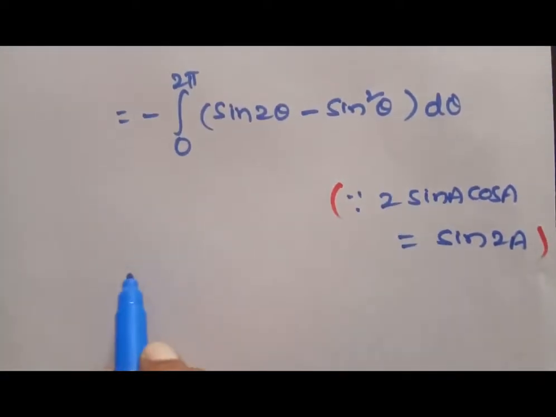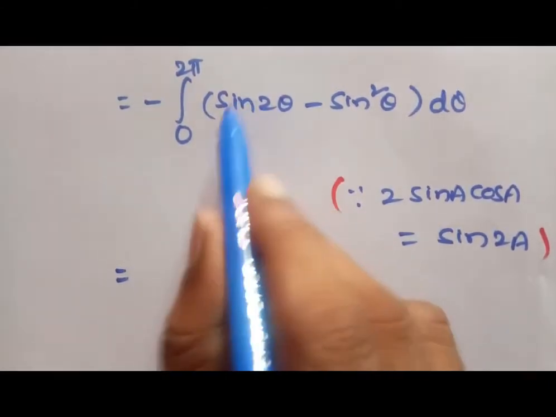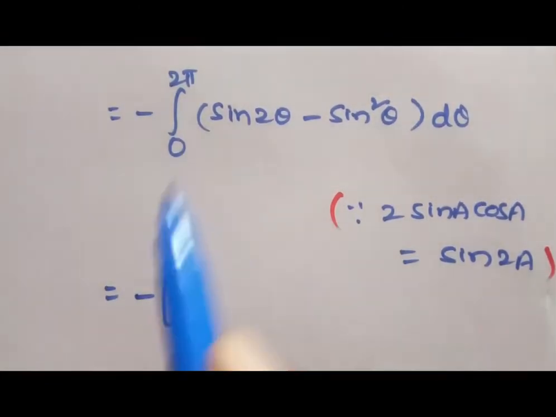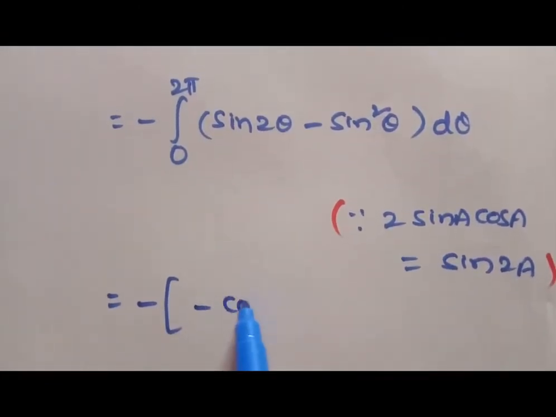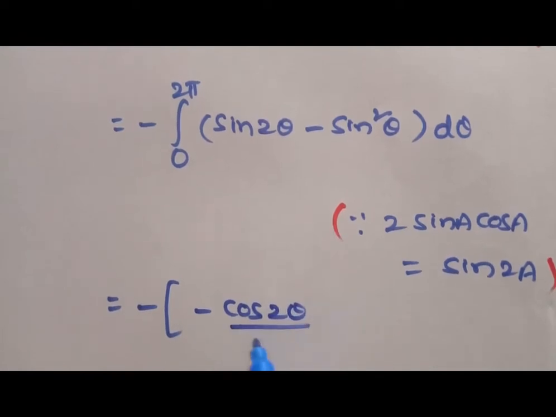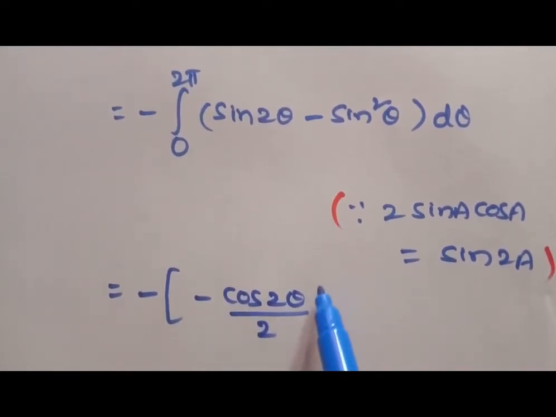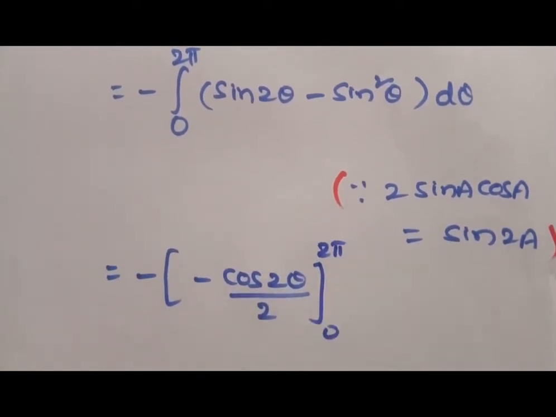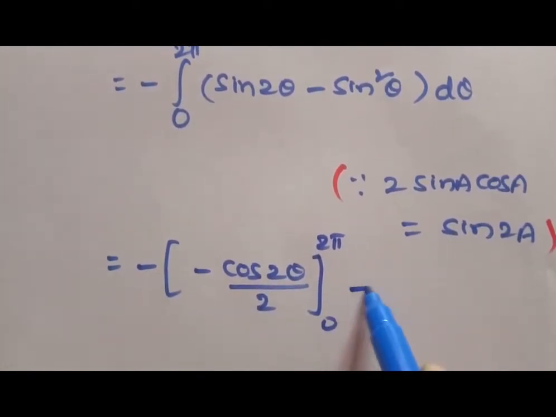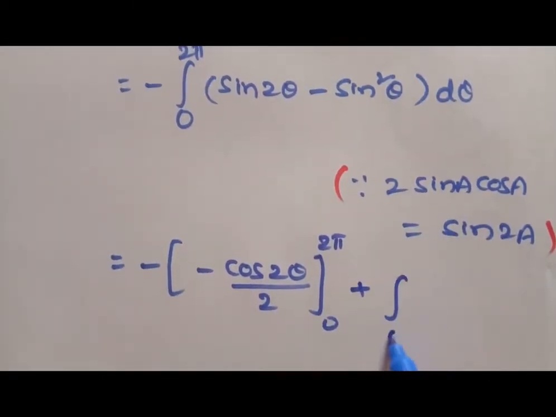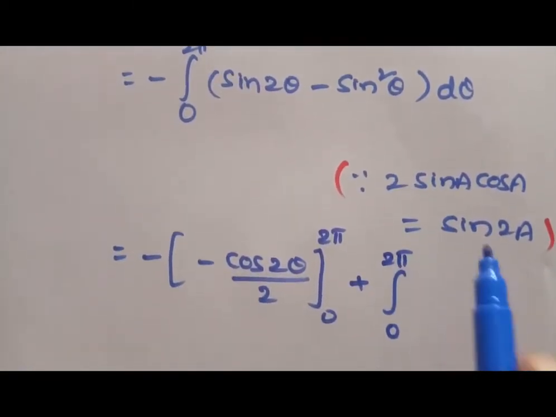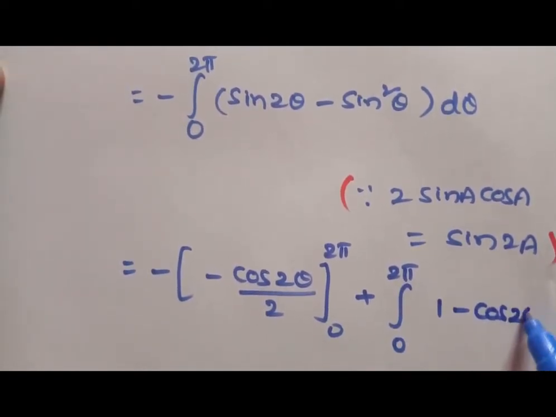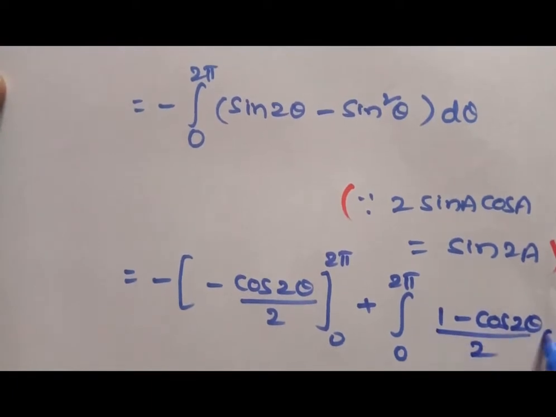Therefore this is equal to the integral of sin 2 theta, whose antiderivative is minus cos 2 theta by 2, limits 0 to 2 pi. Minus into minus plus, sin square theta can be written as 1 minus cos 2 theta by 2.